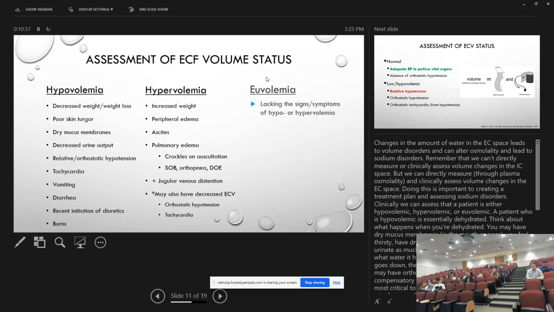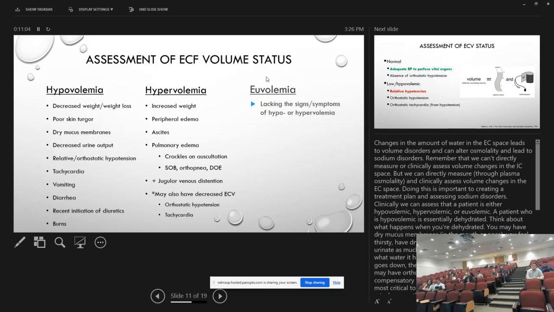It's a change in blood pressure or a change in heart rate when you get up, right? When you're sitting down, check your heart rate and vitals, blood pressure. They may be at a certain level. When the patient stands up, their heart rate is going to go up, their blood pressure is going to go down. Tachycardia, vomiting, diarrhea, etc. All signs of hypovolemia.